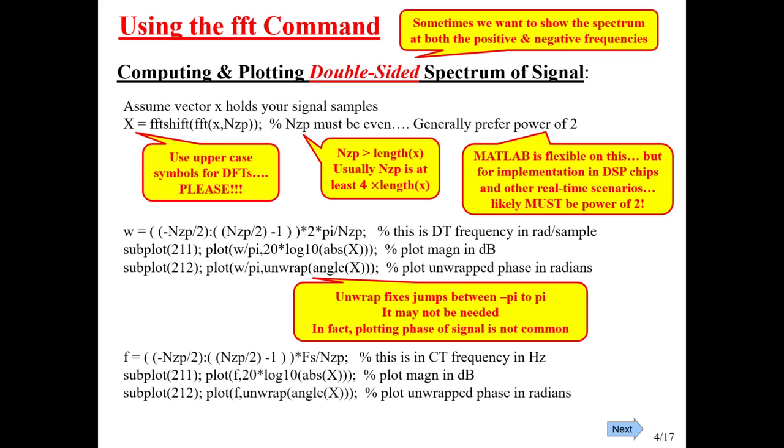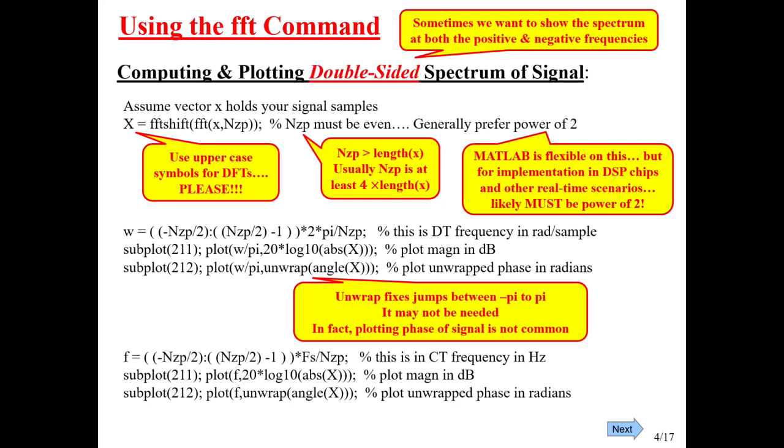Lots of times, though, look, we're dealing with audio signals. They have a connection to the physical real world. That connection is through the sampling rate. So we hardly ever want to look at something plotted versus frequency in radians per sample.